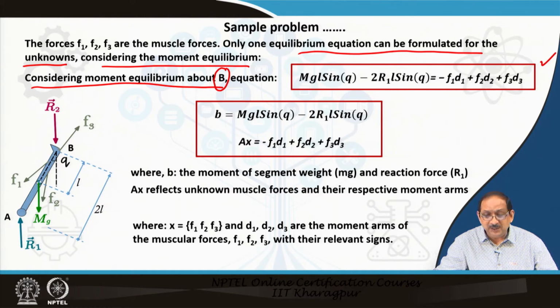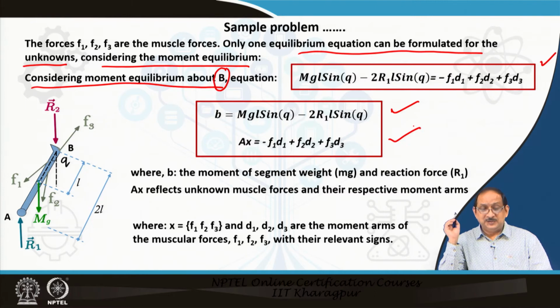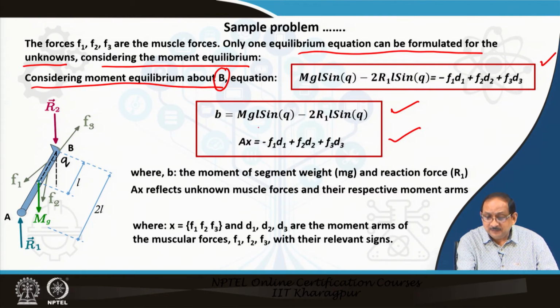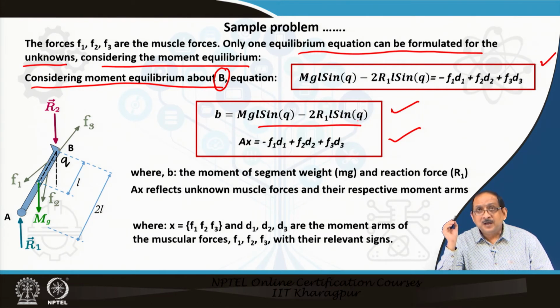Now, considering the equilibrium equation, the terms b and Ax can be separately written as shown in the slide. So, b is written here and Ax contains the forces and the corresponding moment terms, written here in this slide.